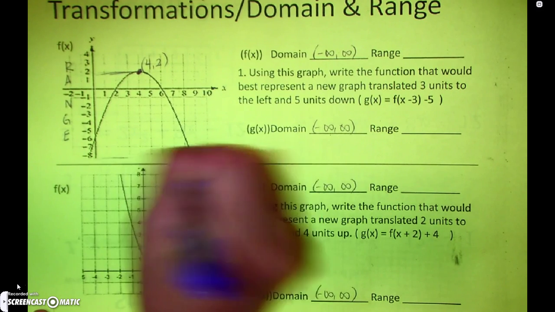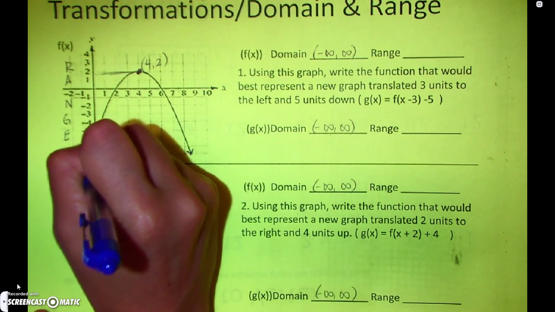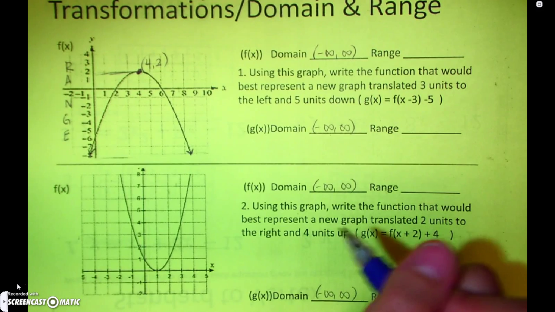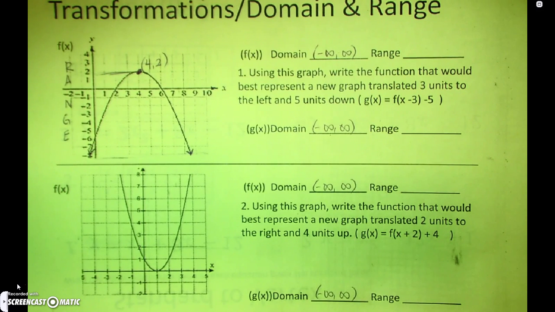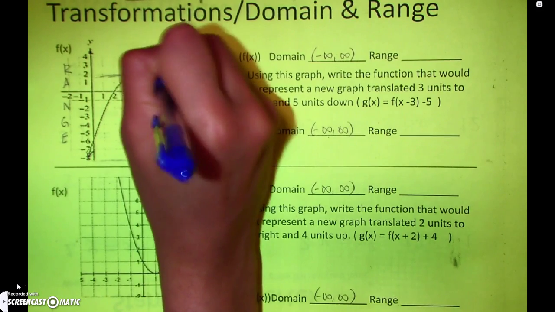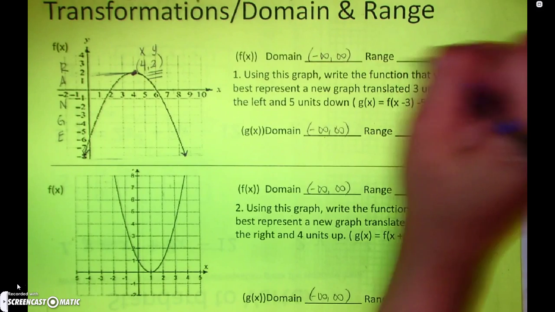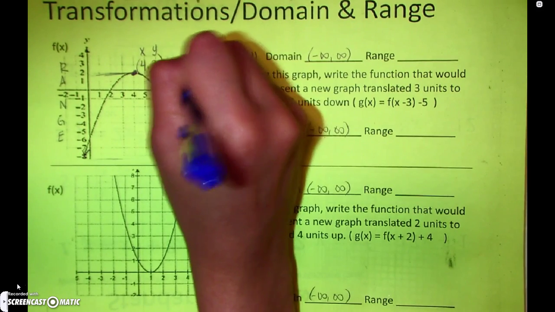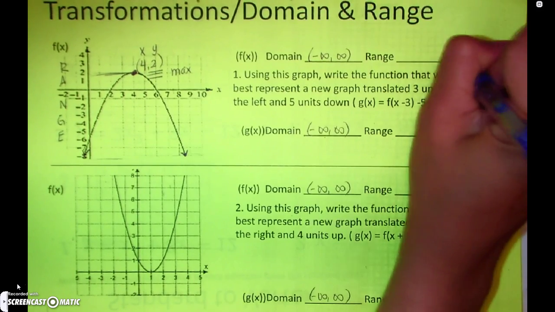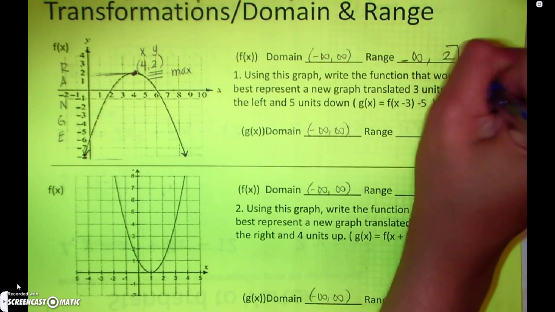This graph supposedly would end here, but it really has these arrows at the end, and it continues to go on forever. So your range has to do with your y-coordinates. Our maximum point, our highest point, is 2. So it's going to go from negative infinity to 2.